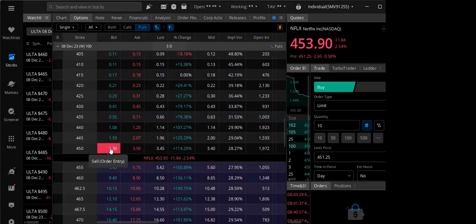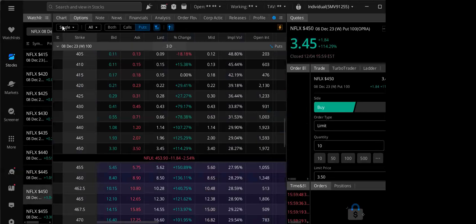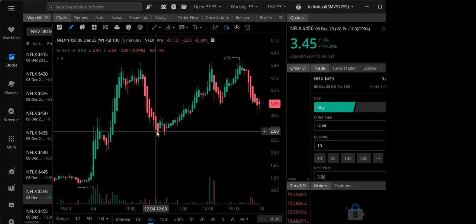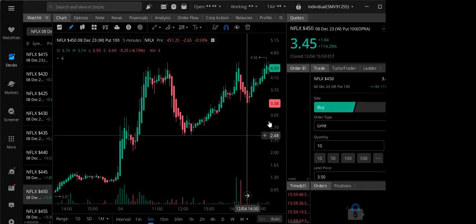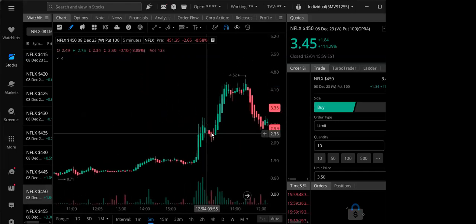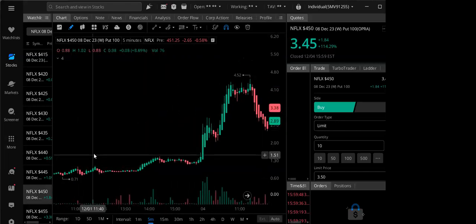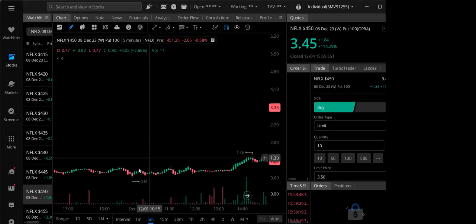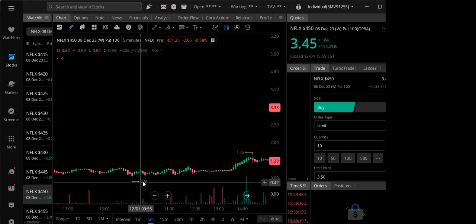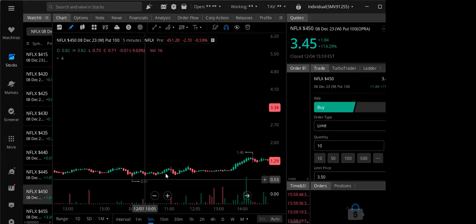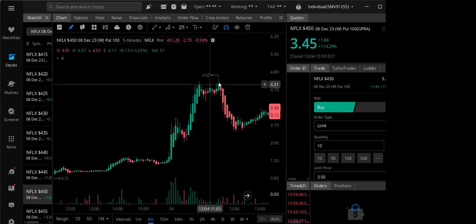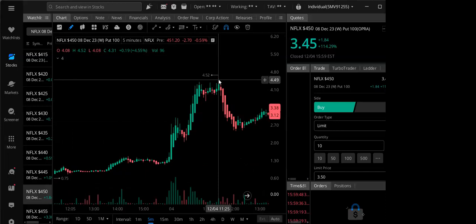Let's start with 450 and see. So this was yesterday. So whoever took a swing for Netflix, since Netflix was in the 5K play last week, I don't know if anyone looked at it. Look at this. It was in our 5K play last week. This contract went from 61 all the way to 452.